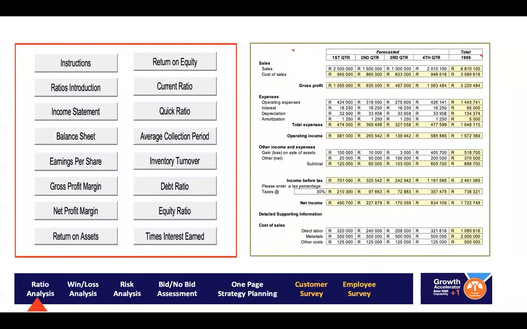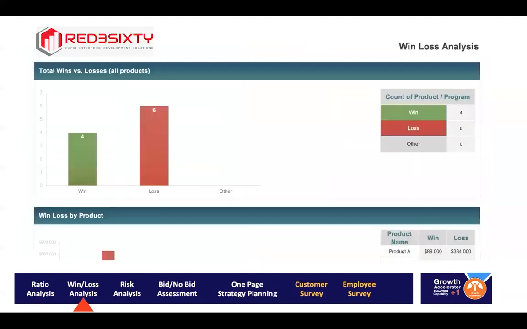Once the forecast is populated, you'll be able to do detailed analysis of gross profit, net profit, return on assets, return on equity, current and quick ratio, and a whole host of other financial forecasting and ratio analysis. So ratio analysis performs a key part within the Growth Accelerator, to ensure that we take the financial management that we started within the Business Builder to the next level.